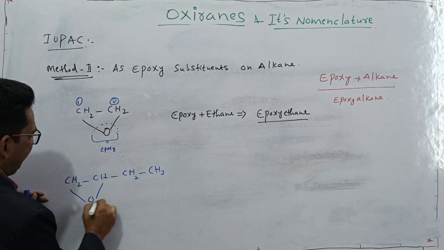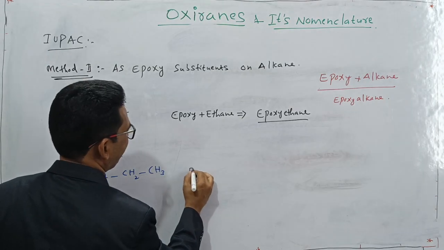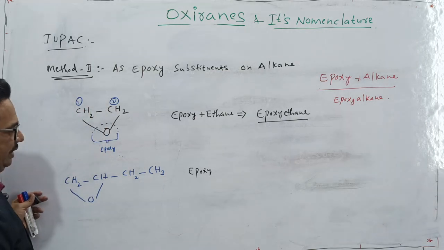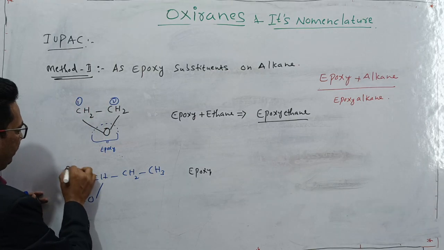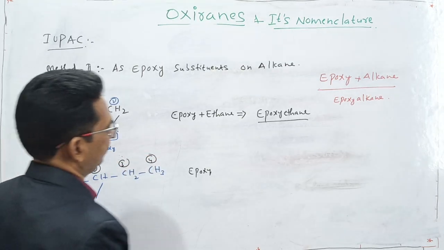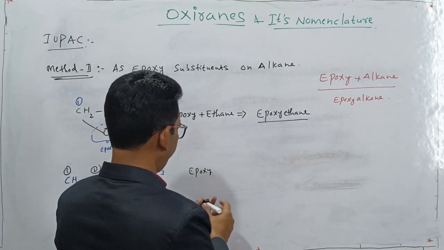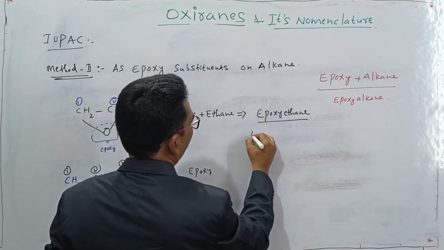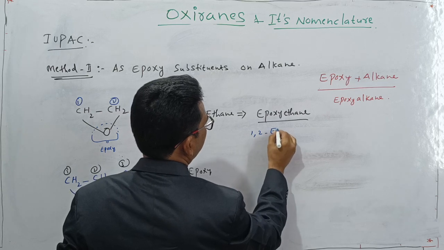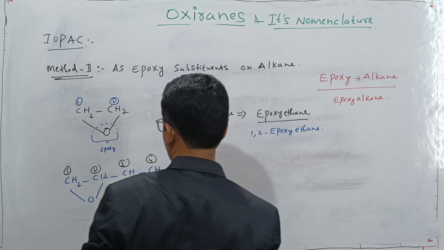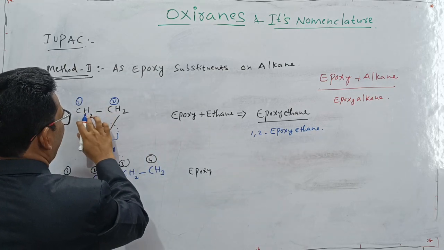This is the epoxy, we know. I'm writing epoxy here. Which position is it present at? 1 and 2. 1, 2, 3, 4. Here also. How do we write the name for this one? 1,2-epoxy ethane. Because epoxy is present on 1 and 2.